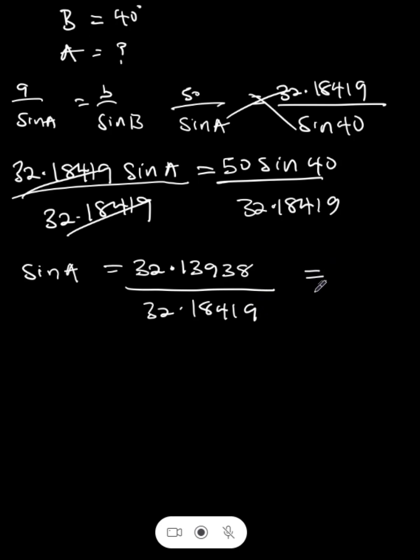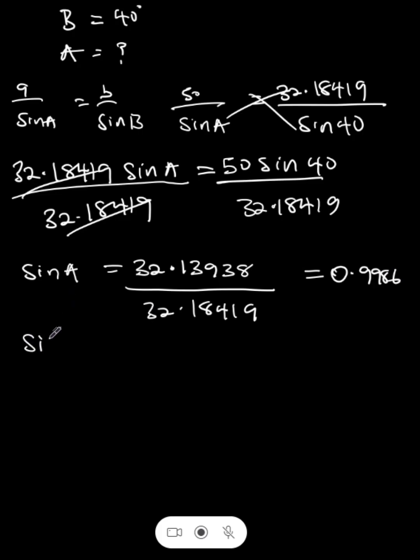So we have 32.13938 divided by 32.18419. That gives us 0.9986.